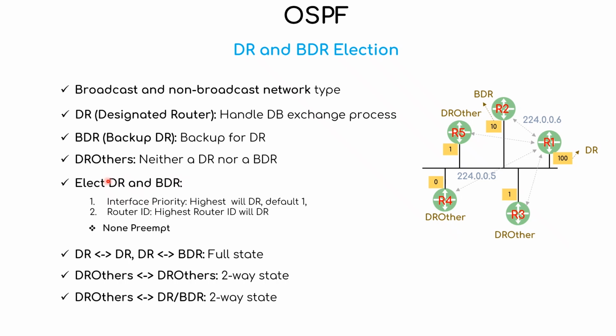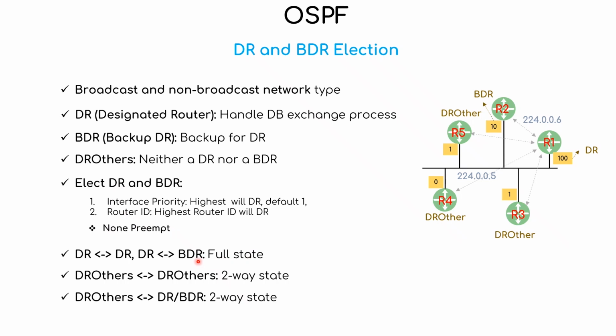Then when the original DR recovers, it will be a DROther router, and the DR and BDR selection will not change. So we call it non-preemptive.